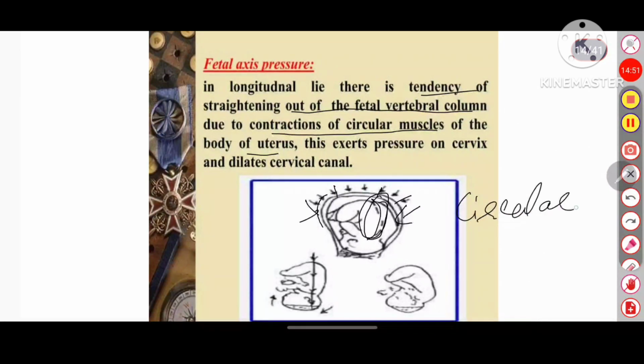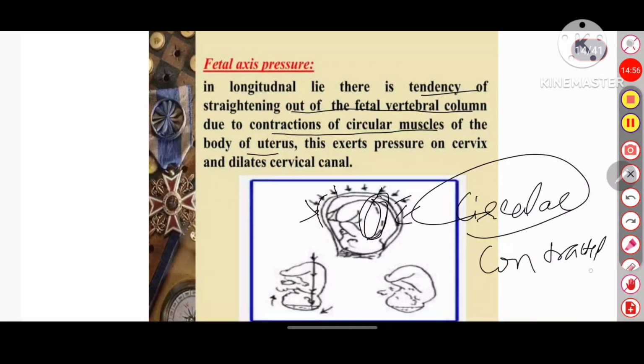The circular muscles also get contracted, which in turn exerts pressure. This pressure is felt in the cervix, in the cervical canal, which makes the cervix get dilated.